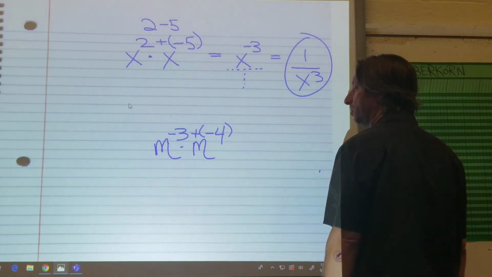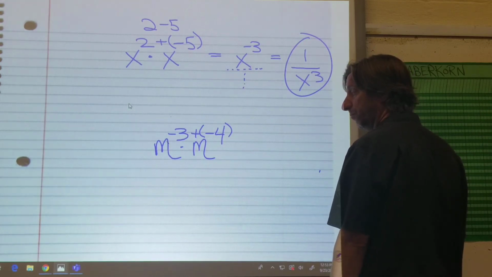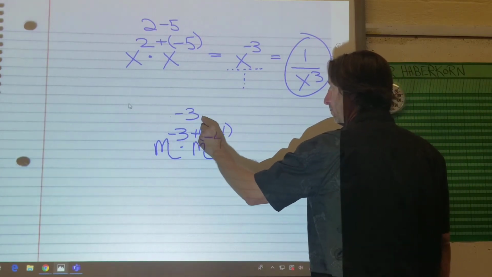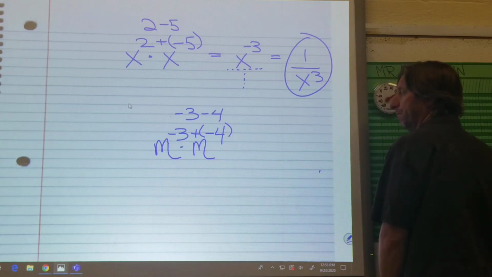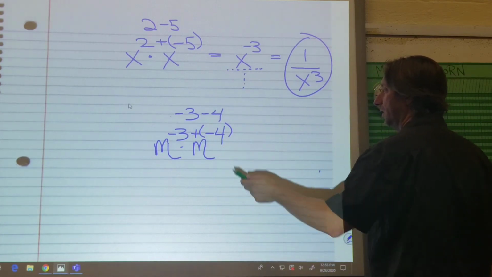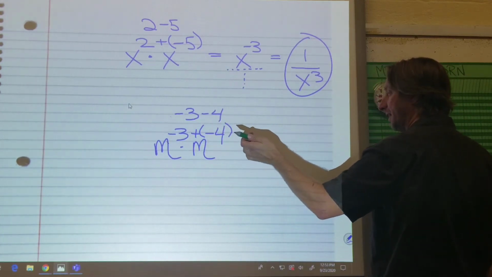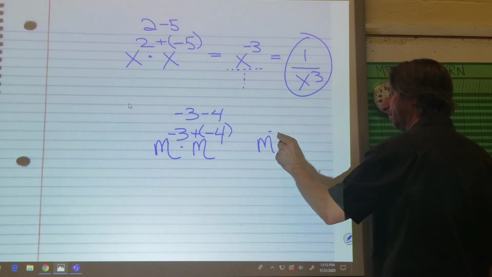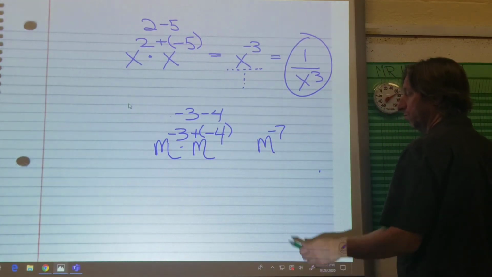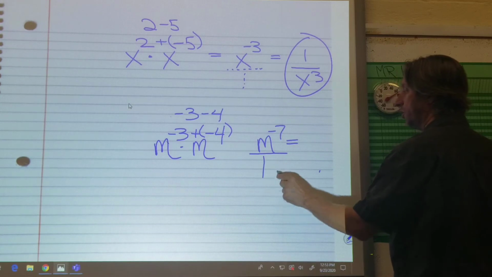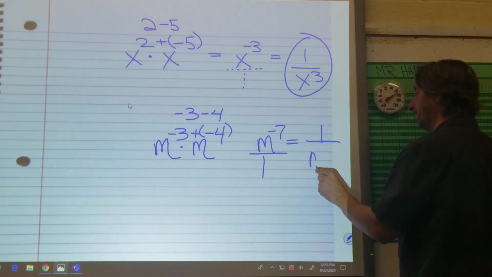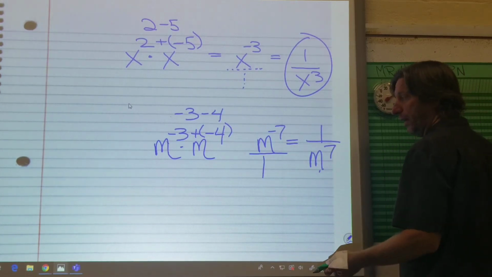Plus and minus turns into a minus. Those are touching. And same signs we add and keep the sign. And this has to get switched to positive, right? So there's one way to do it.